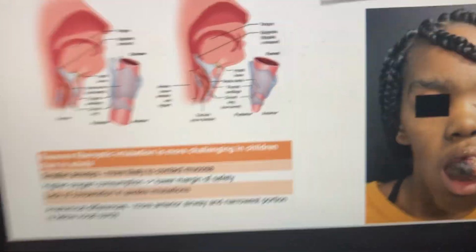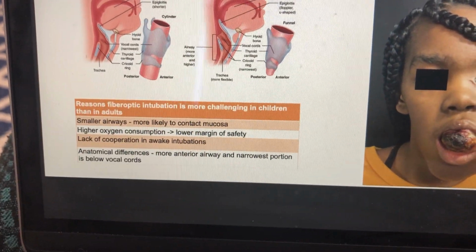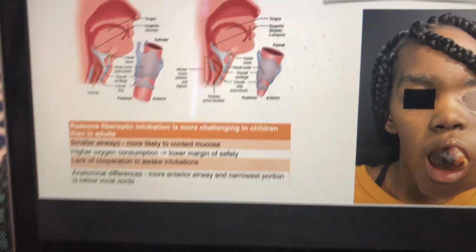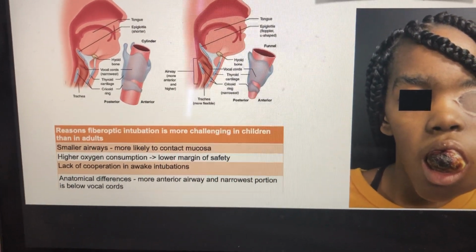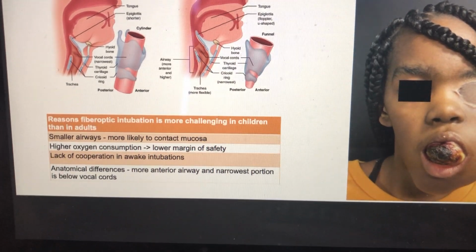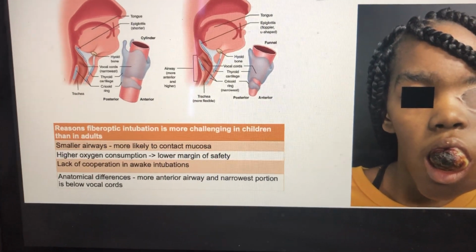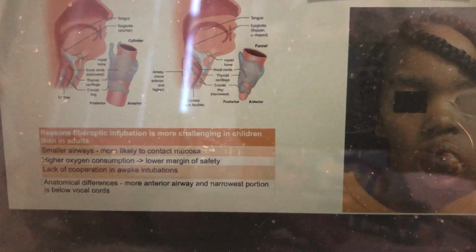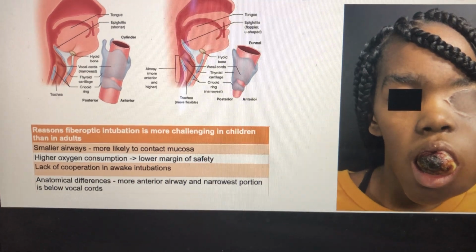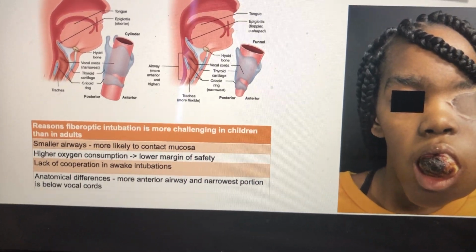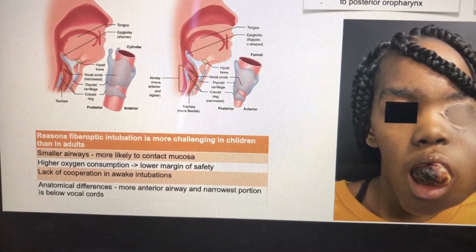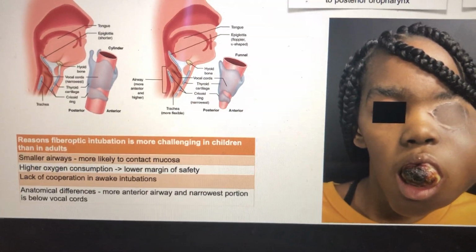Kids have a higher oxygen consumption, which in our sense means that you have a lower safety margin, so you have less time to finagle the tube in before they start to desaturate. And generally, children are going to be less cooperative than their adult counterparts. So you may need more sedation, or you may need to caress them with a little bit of verbal anesthesia.